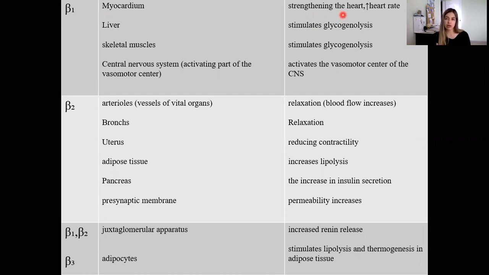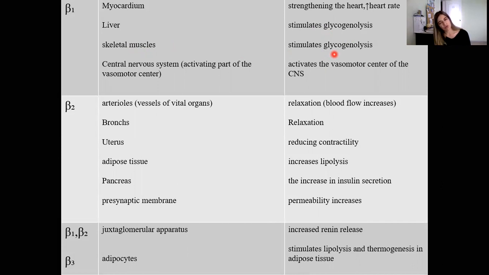So it stimulates the heart in many ways. Liver. In the liver, stimulation of beta-1 receptors will stimulate glycogenolysis. Again, the glycogen will be destroyed, making energy for us. Yes. In skeletal muscles, the same. Again, for making energy for the skeletal muscles to use.